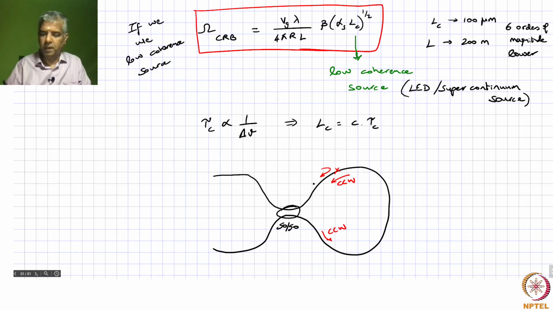Because the path length difference between this path and this path is much larger.